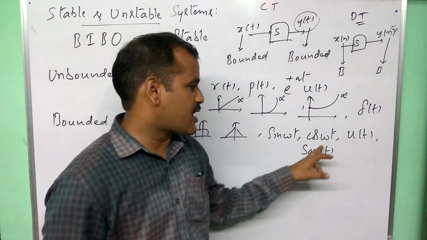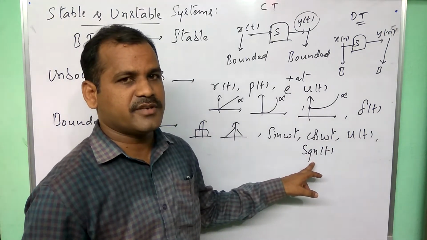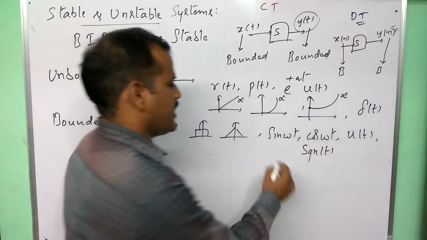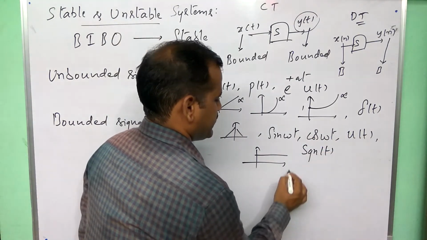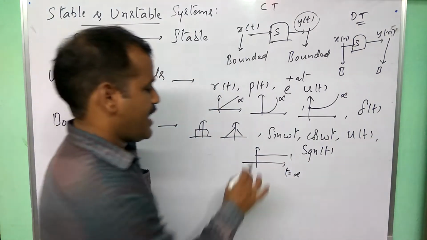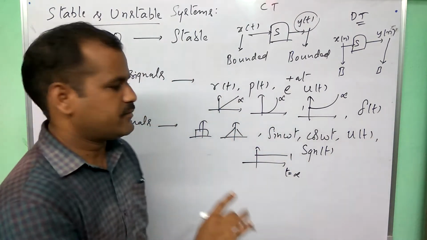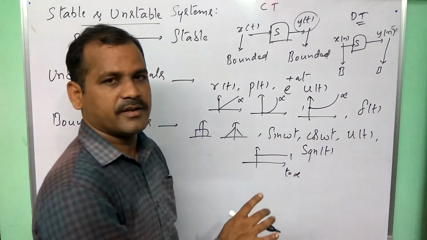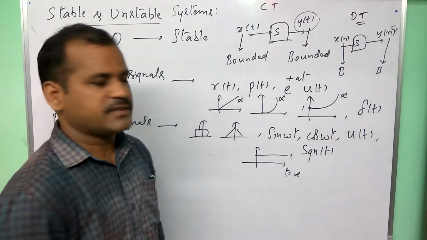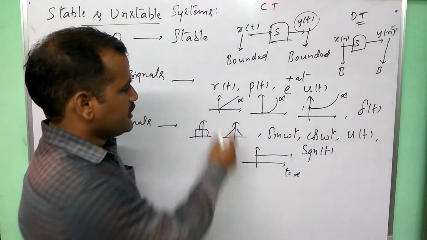Observe these signals are not unbounded signals. Some students are asking, what is the difference here? These signals exist up to infinity. At t equal to infinity, it has amplitude 1. The amplitude never goes to infinity, but the signal exists at t equal to infinity. So it is of infinite time duration, but a bounded signal. It is not an unbounded signal.